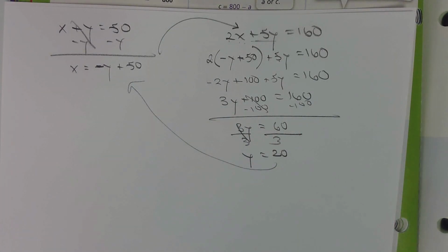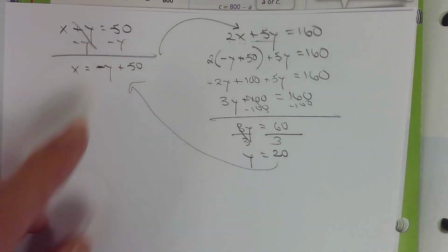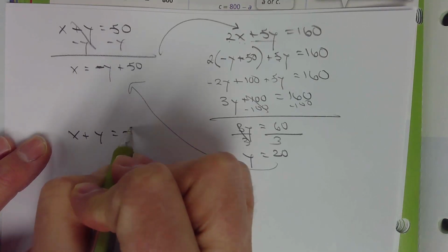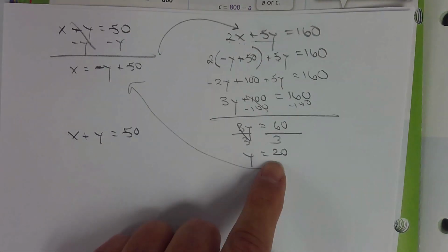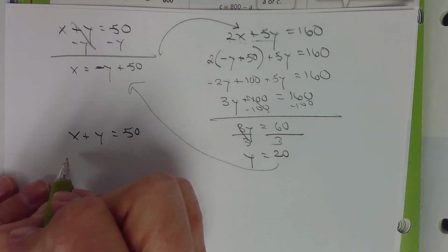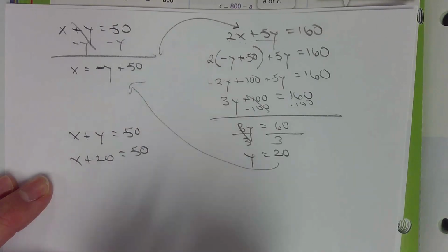Right? What's the original equation? X plus y equals 50. So I'm going to write that down. X plus y equals 50. What's y? 20. So it's x plus 20. So x plus 20 equals 50.